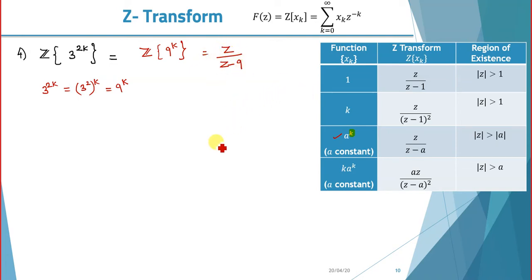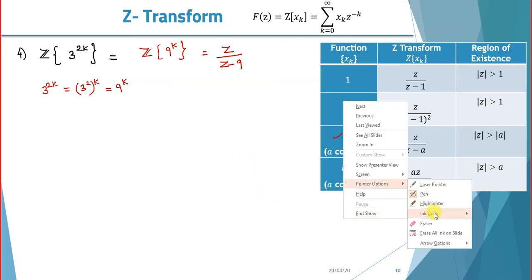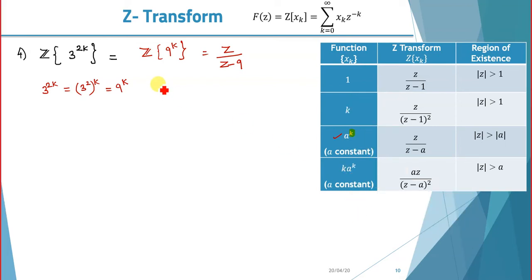Okay, so what is the thing? You can use the rules, the identities, the laws of indices. Here, what we used: if we have x power m times n, we can write it as x power m, whole power n, or x power n, whole power m. Similarly we can work with other laws.